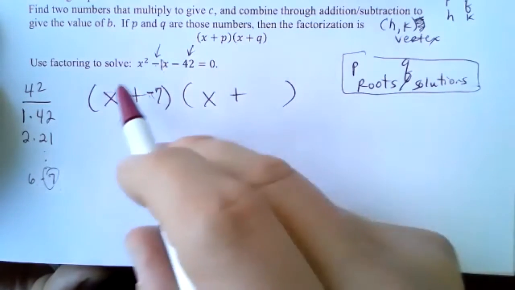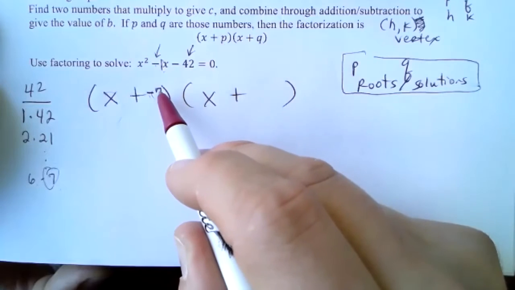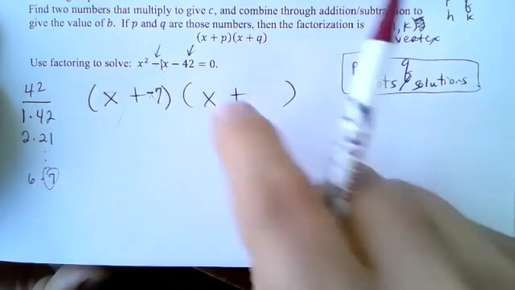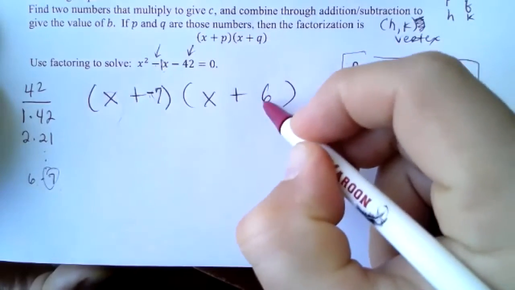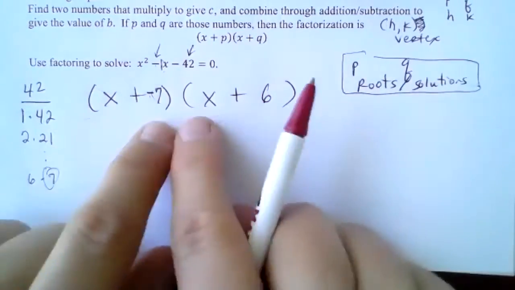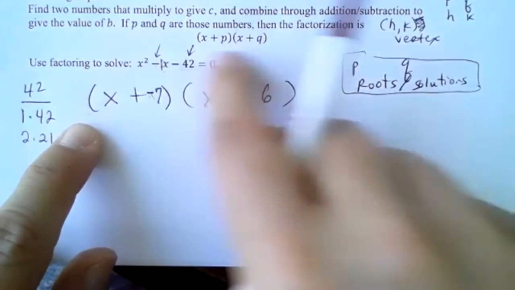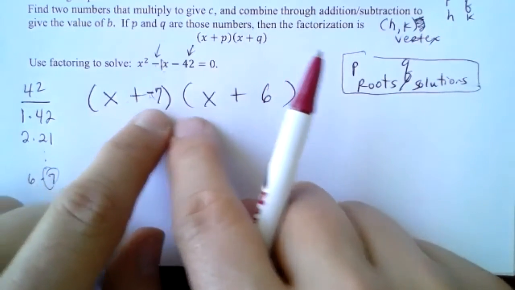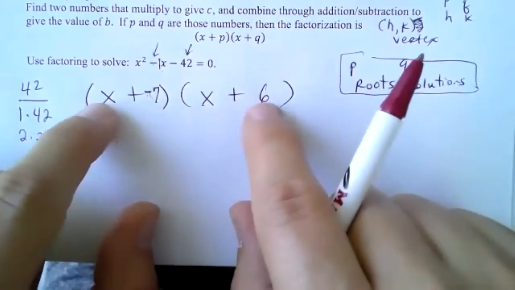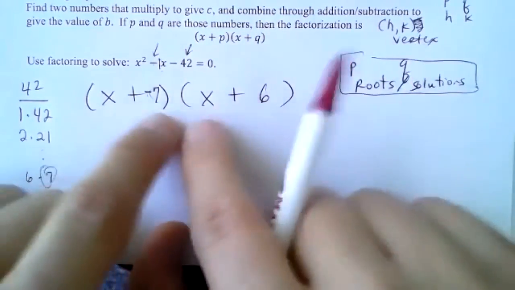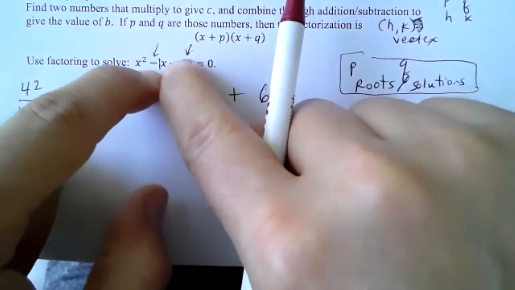So I'm going to circle that, and I'm going to put -7 here, okay? And remember, we're supposed to have a P and a Q that have opposite signs. So we have a -7 and a +6. Now, if you multiply this back out, if you do the FOIL method on this, you'll notice that the inner term makes -7x and the outer term makes 6x. If you put those together, you get negative 1x, right?